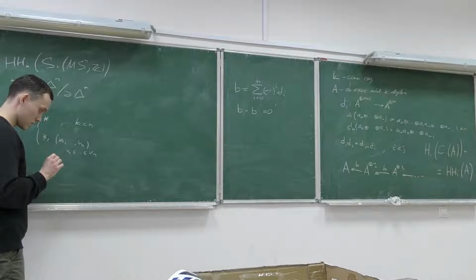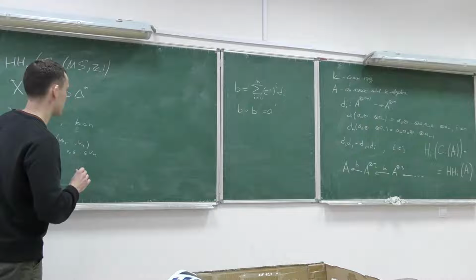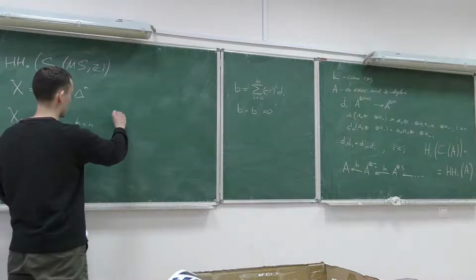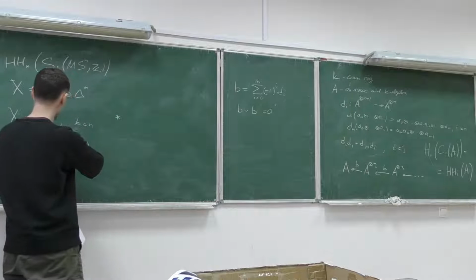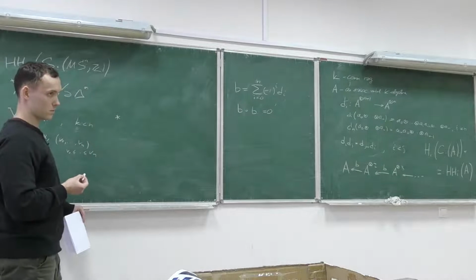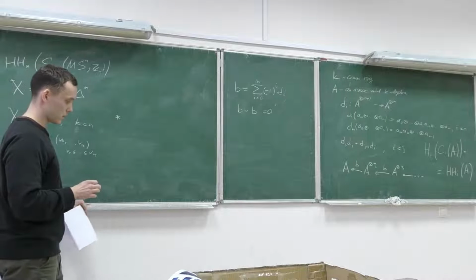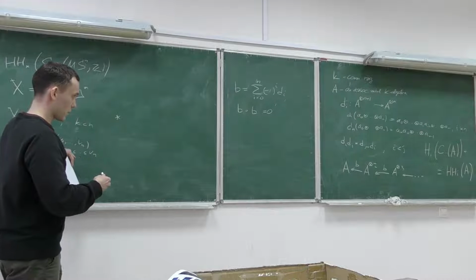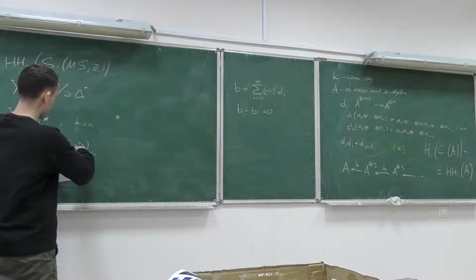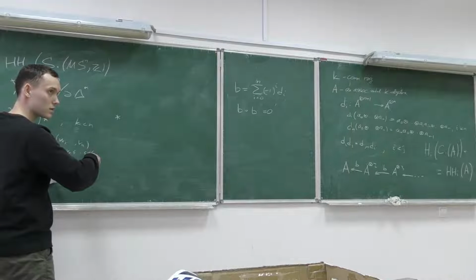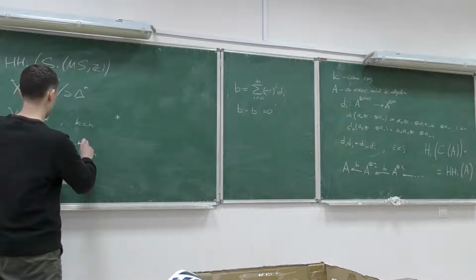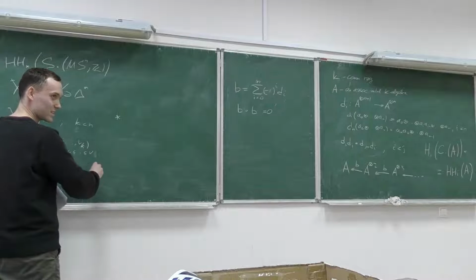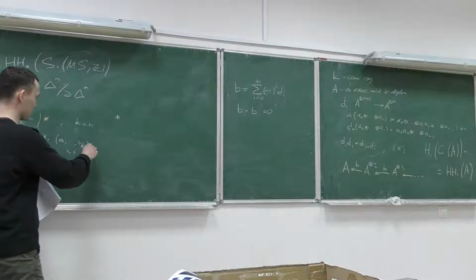Up to dimension n, you'll just have the base point, and above you will have all the simplices. Your answer does not depend on k. That's why I'm asking. Sorry, this should be k. Thank you.